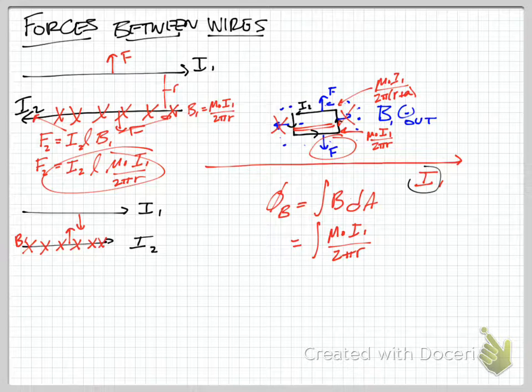So mu 0 I1 over 2 pi r times our x dimension L times dr. And we're doing that from the bottom, r, to the top, r plus a. And so taking that integral, which is just dr over r, from r to r plus a, is going to give you the flux through that loop.